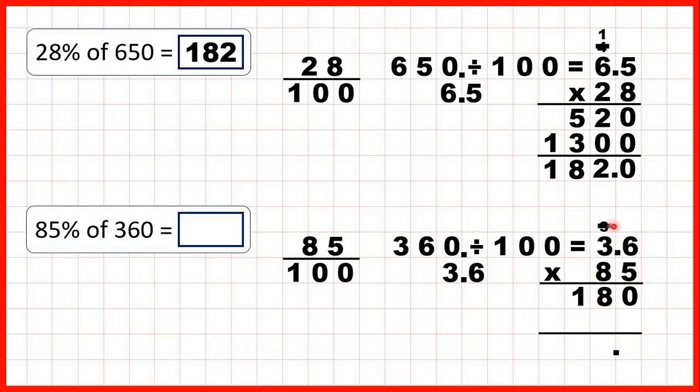We can cross out our working, write a 0 on the end of our second answer line, and now 6 times 8 is 48, so 48. 3 times 8 is 24, plus 4 is 28. 0 plus 0 is 0, 8 plus 8 is 16, so 16. 1 plus 1 plus 8 is 10, so 10, and 1 plus 2 is 3. So we get 306.0, or 306, as our answer.